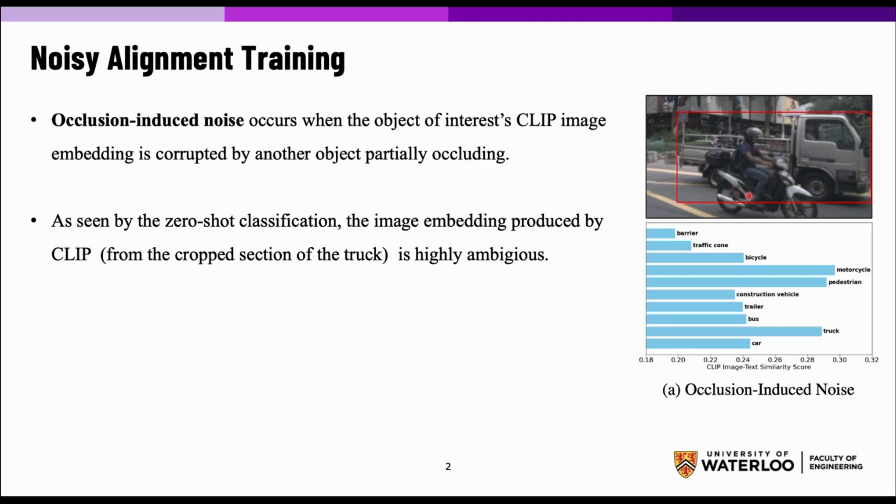CLIP kind of struggles because it's thinking, is this a motorcycle? Is this a pedestrian? Or is this a truck? You can see that these three classes have a strong similarity to the image embedding, and because of this, it produces sort of ambiguous targets, right?